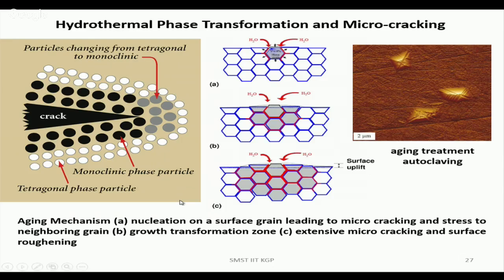Okay, so as you see here, the crack propagates and some monoclinic phase transforms into tetragonal at the crack tip, or tetragonal transforms into monoclinic, and there is a volume expansion or contraction, and eventually it gives you transformation toughening. So very interesting, but at the same time also very sad news.